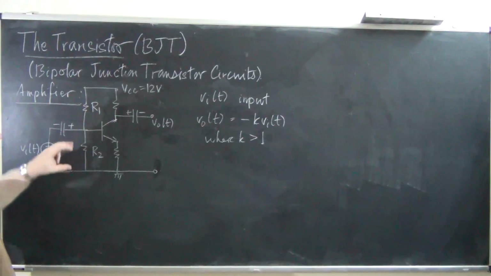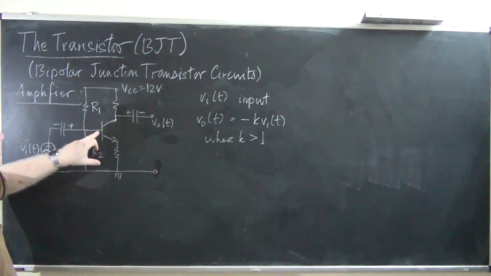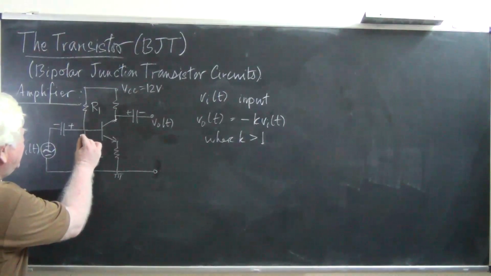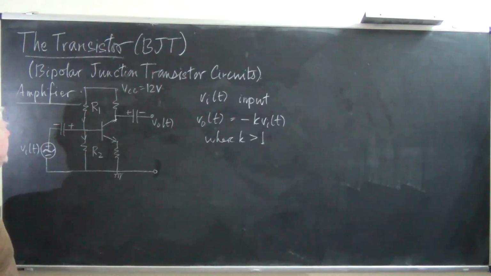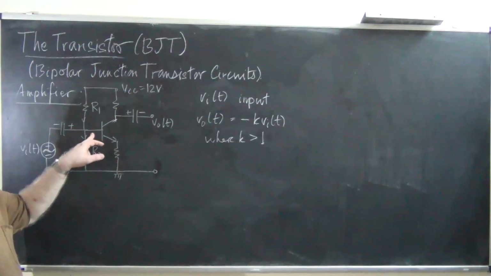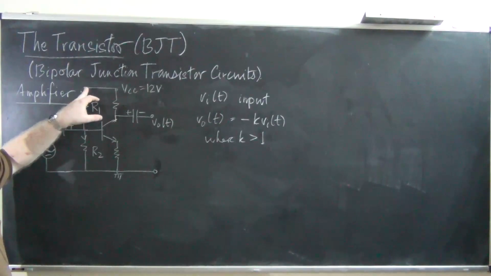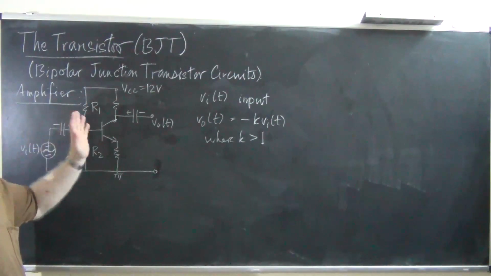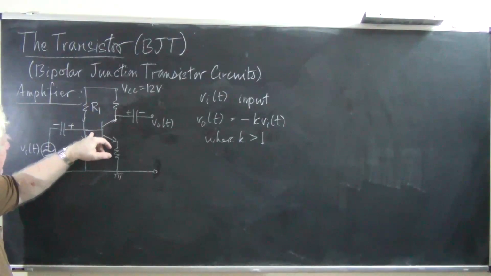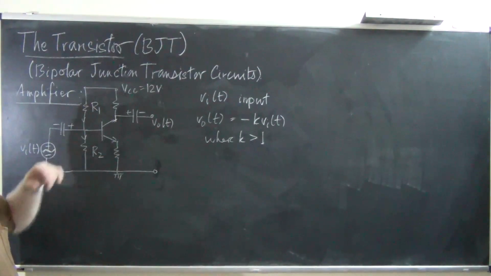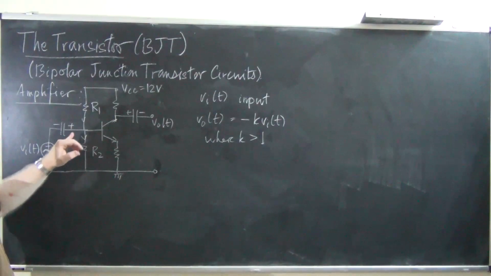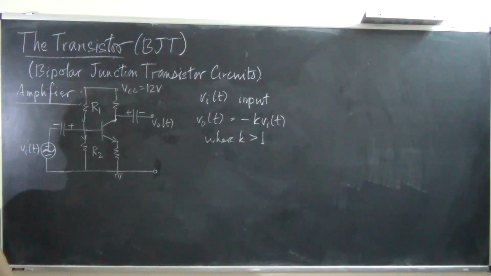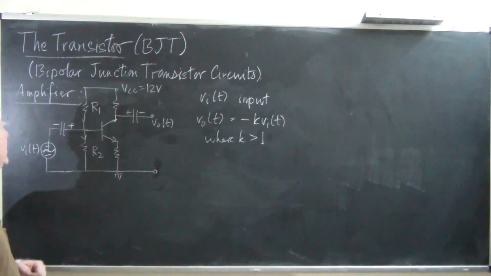Since current is flowing in this direction in both these resistors, and since the base current is so small compared to the current through this divider, the divider resistances are kept sufficiently low to ensure that the base current that takes off from this side may be neglected. Obviously no DC current can go this way because of the capacitor over here. So we could essentially assume that this behaves as an unloaded potential divider.